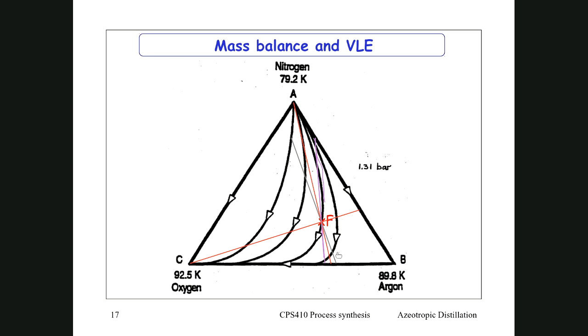Now, I'm going to erase everything again. And I'm going to go back to red line, and I'm going to draw in a line that starts at A, goes through the feed, and goes down to the axis over there.